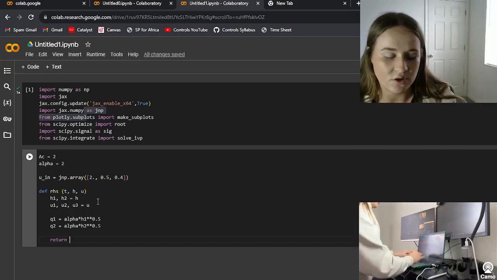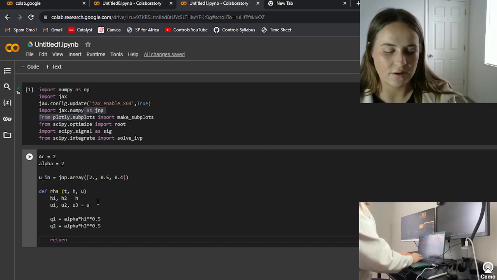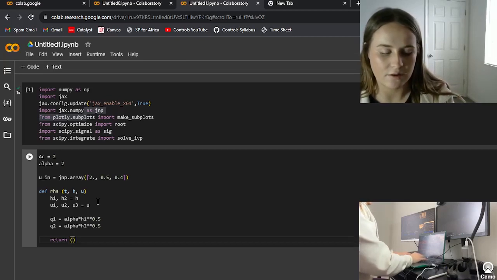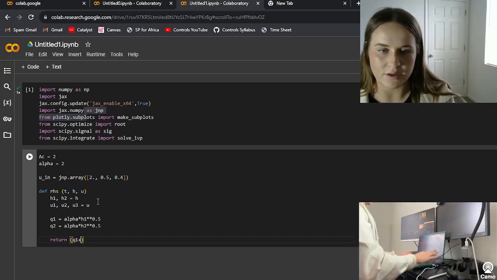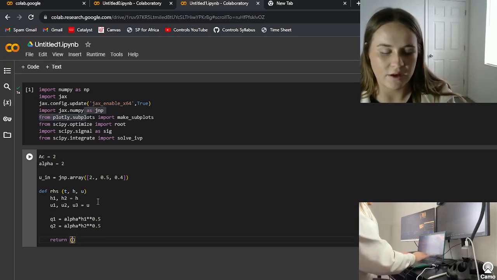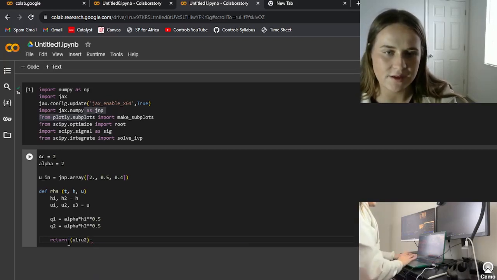Okay, so we first have this as u1 plus u2 minus, this is in an array.